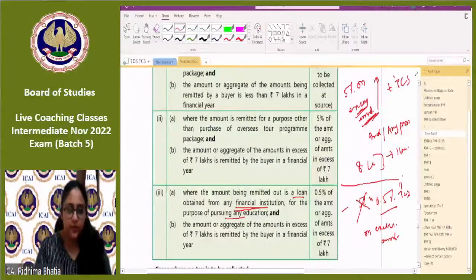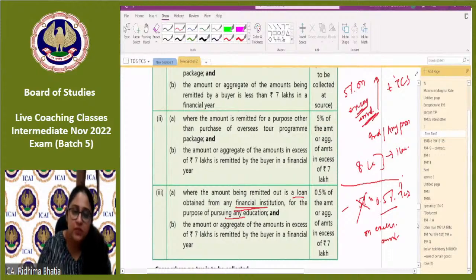So to conclude, the authorized dealer would collect TCS from you at the rate of 5% in case of remittances of more than 7 lakhs, on the amount in excess of 7 lakhs. Similarly, if the remittance is from an education loan taken from a financial institution, then instead of 5%, they will collect TCS at the rate of 0.5%.